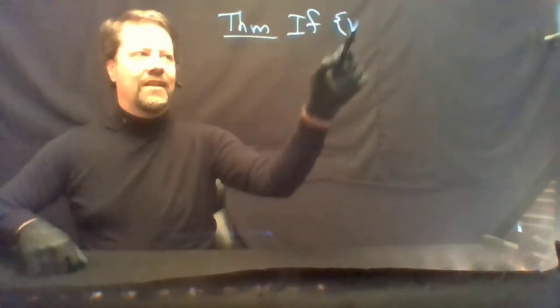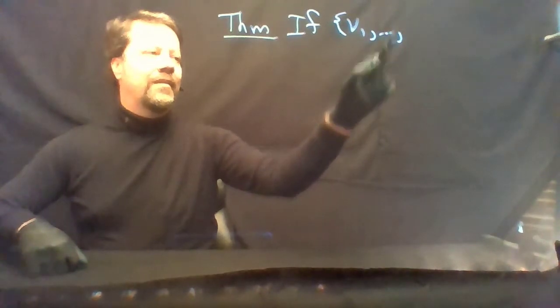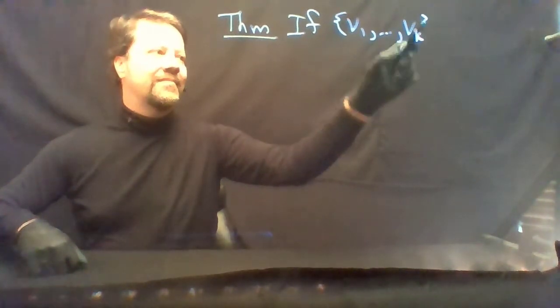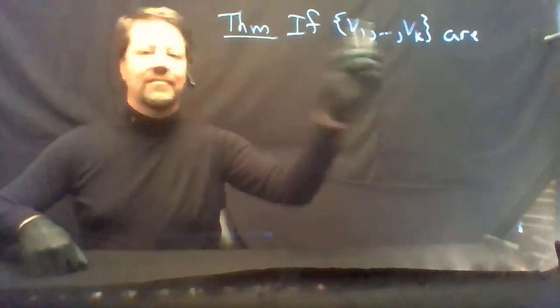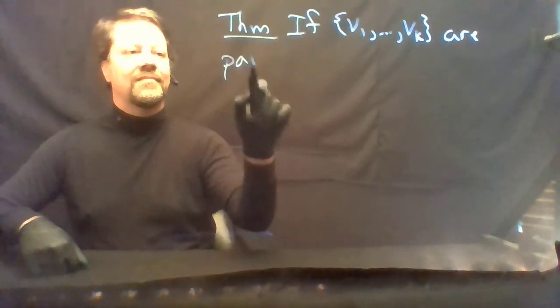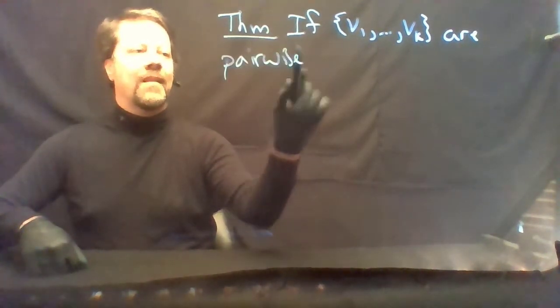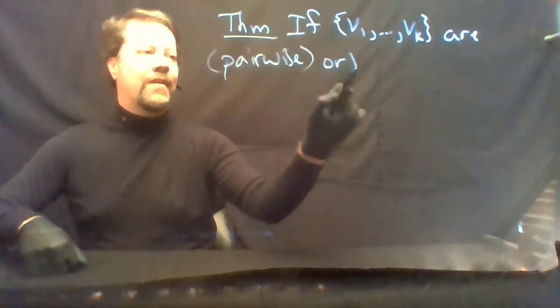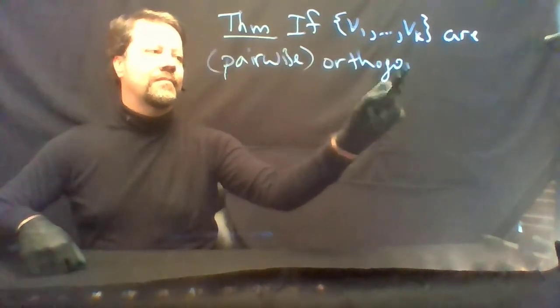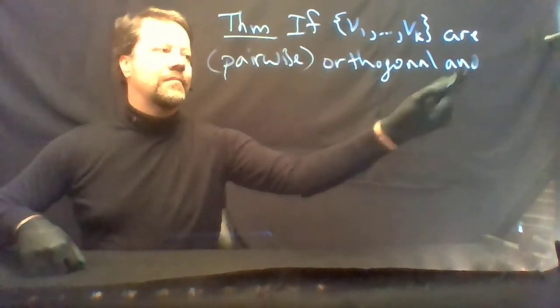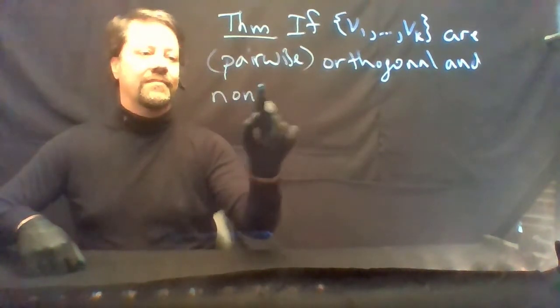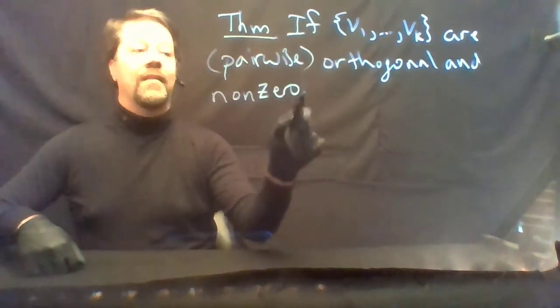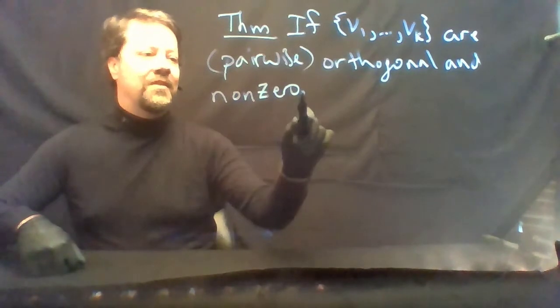Let's suppose that we have a collection of vectors v1 through vk. Let's suppose these are pairwise orthogonal and non-zero. None of them is a zero vector.